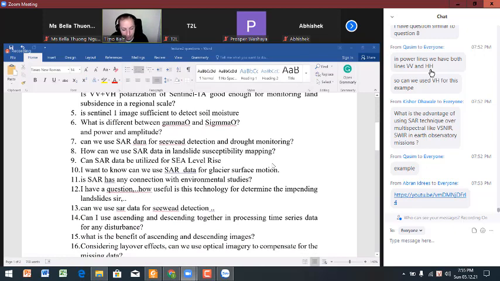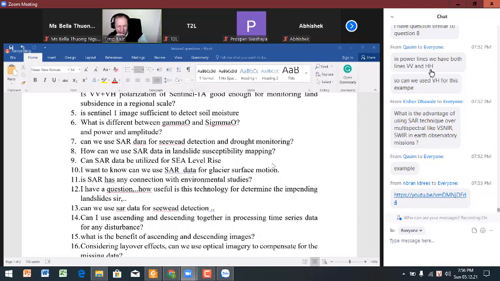Amplitude is the square root of the magnitude, and magnitude is the square of the amplitude. And gamma naught and sigma naught, I'm hoping I'm not saying it the wrong way. Please double check it. I hope I'm not confusing both of them.